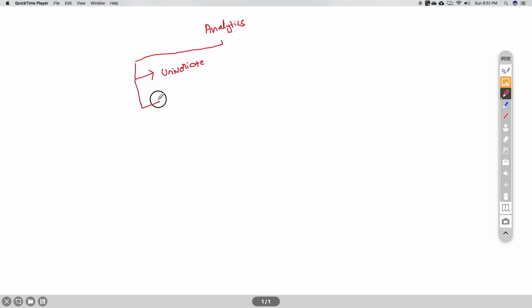Then you have bivariate analytics. And the third kind is when you pick up multiple columns and do multivariate analytics. Bivariate and multivariate analytics are a little different from univariate analytics.